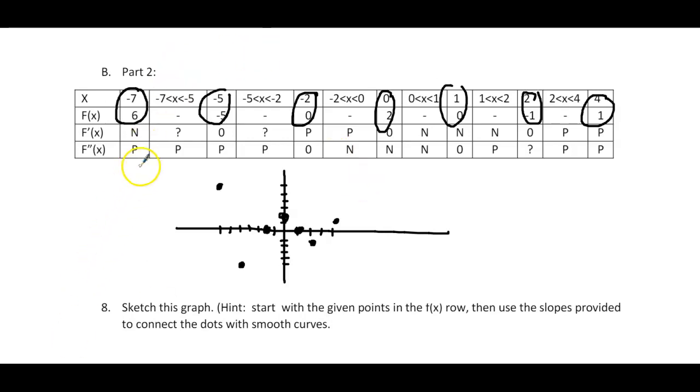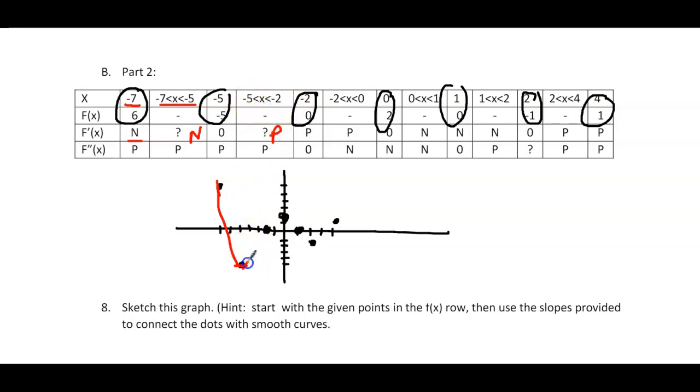All right, now we're going to go ahead and make sure our slopes are correct. At x equals -7, we have a negative slope, so it should be going in a downward direction. Between -7 and -5, we said this was negative, so it's going down also until we get here. At (-5, -5), we have a 0 slope, so it's going to be a little bit flat there. And then at (-2, 0), this was positive also.